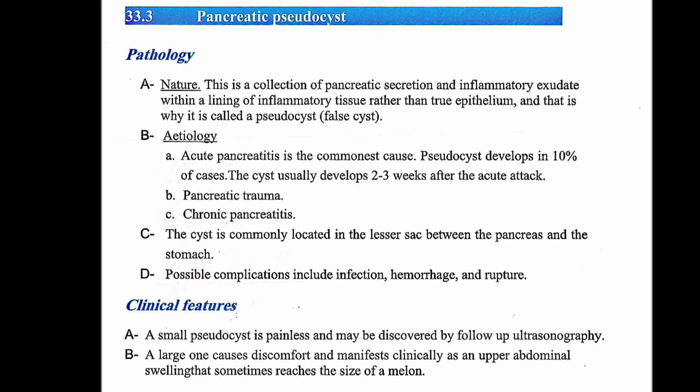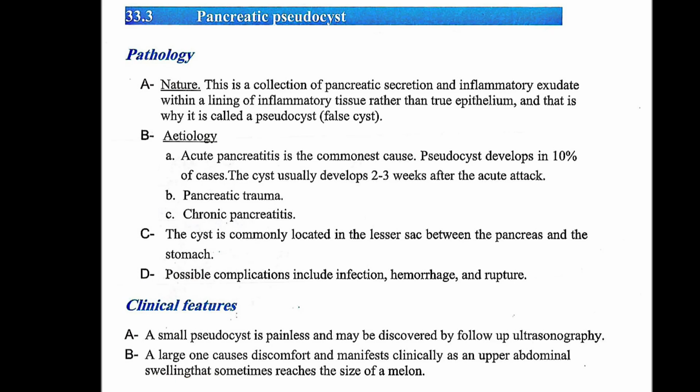So, suppose you had an attack of acute pancreatitis, and after 2 to 3 weeks of acute pancreatitis, you will have pancreatic pseudocyst. Not all of the patients, only 10%.